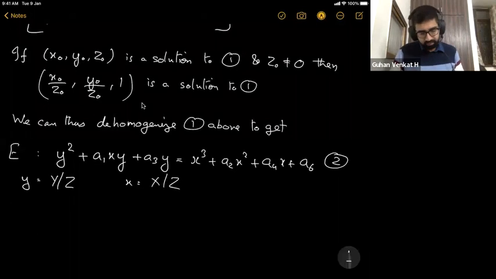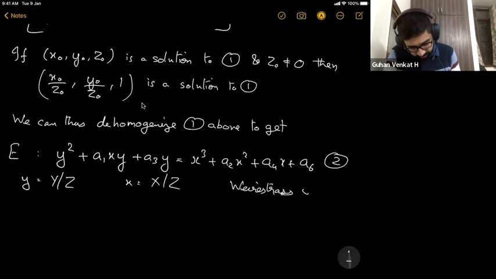So once I dehomogenize this cubic curve to this following form, this is called the Weierstrass equation or Weierstrass form.